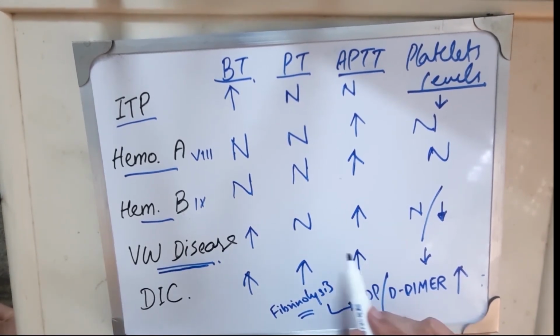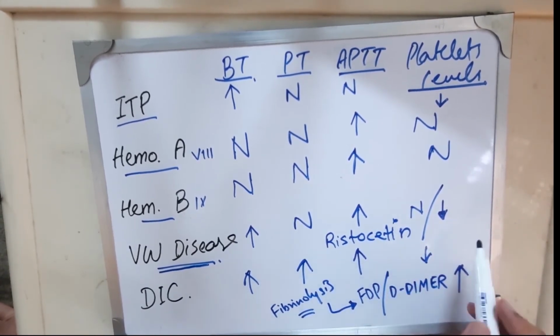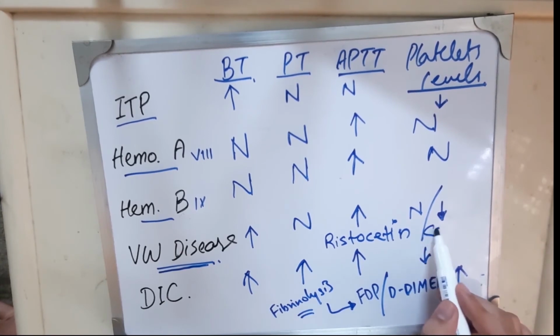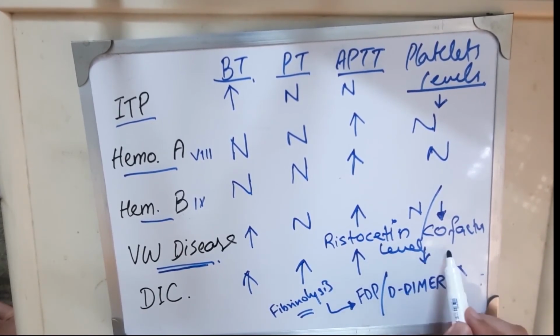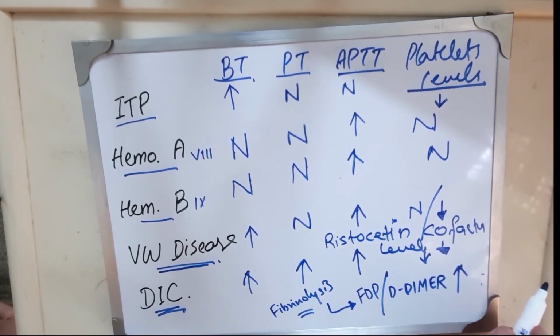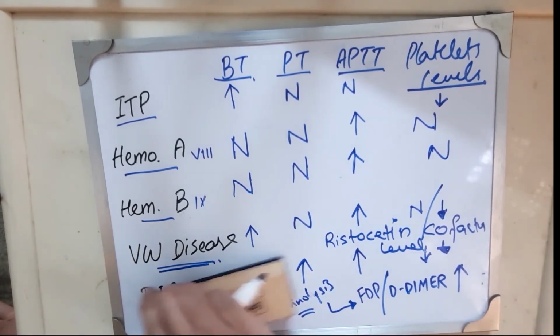Ristocetin cofactor levels will be low in von Willebrand disease. It is another additional test for von Willebrand disease. There is another class of bleeding disorder known as platelet functional disorders.